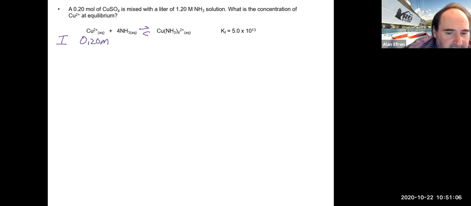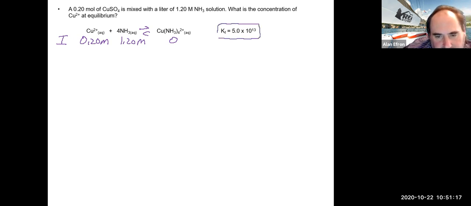For our NH3, it will be 1.2, and this would be 0. Now, when we look at this Kf value, which is times 10 to the 13, that is a very large value of K. Remember that above 1 is large, so 10 to the 13 is a very large value for K. And that is usually the case when we see Kfs. So Kfs are typically very large numbers.